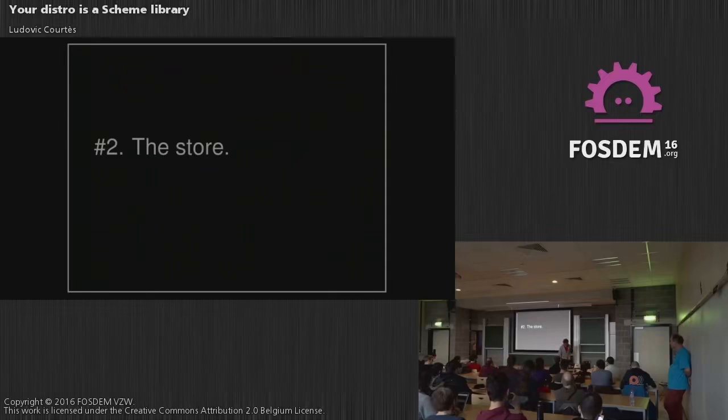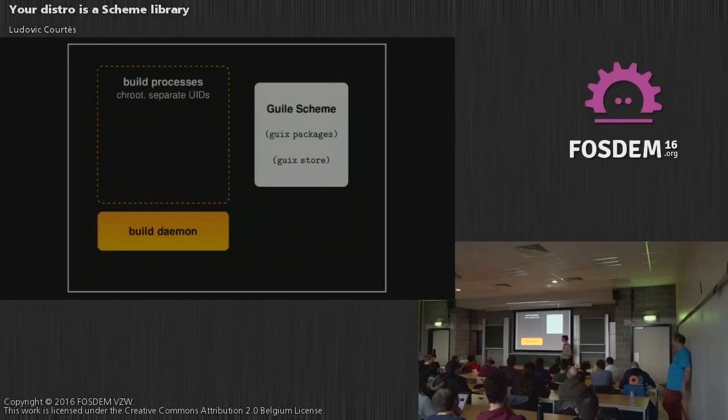Okay. So now I need to talk about the store. So you've seen before in Ricardo's presentation that everything that we build with Guix ends up in the GNU store, right, in this special directory. All access to that store is mediated by a daemon. So what happens is we have Scheme code here, which is like the Guix command, for instance, or my Guile REPL, and it has a bunch of libraries loaded.